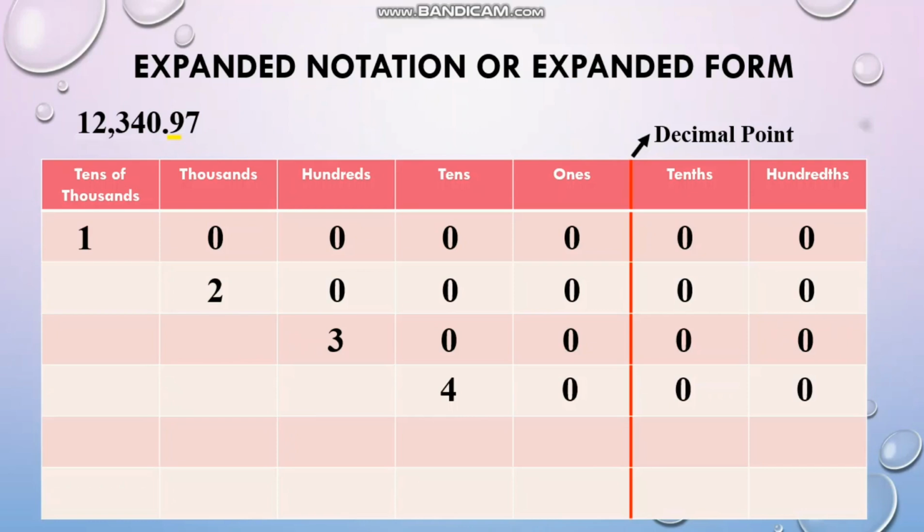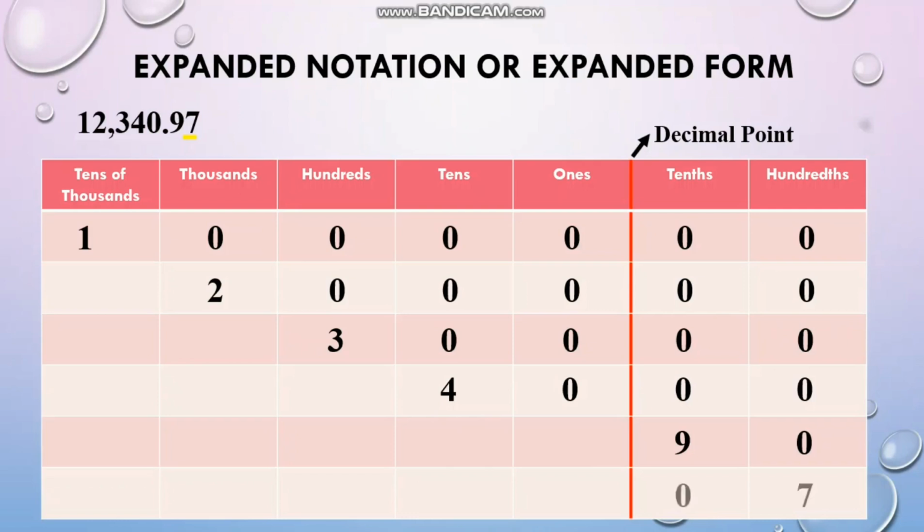Let's look at the sixth digit, 9. The digit 9 comes after the decimal point. So we write in the fifth row, in the tenths column, 9 and 0 in the rest of the columns. Let's look at the seventh digit, 7. Since 7 is in the hundredths place, we need to put a number after the decimal point in the tenths column before we place 7 in the hundredths place.